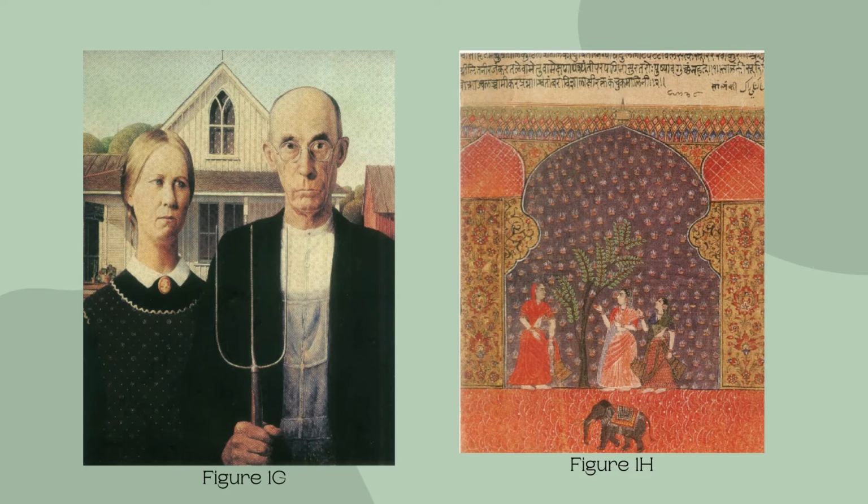On figure 1H, this artwork entitled Salangi Raga by Ragamala shows approximate symmetry. While the format is symmetrical, the central image is rendered as asymmetrical by modifying the positions of the trees, figures, and elephant.